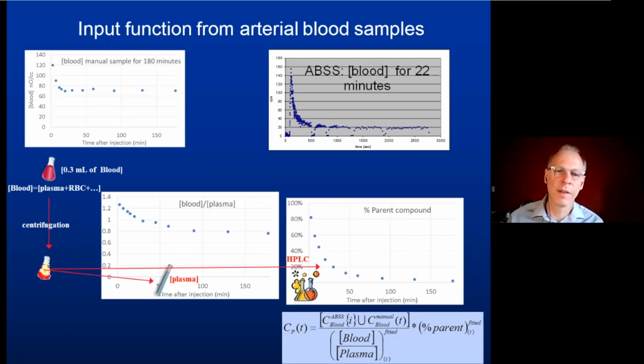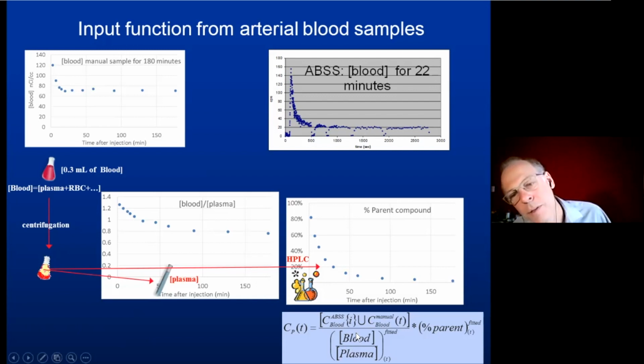Later, if we are able to characterize the concentration of activity in the blood and the concentration of activity in plasma, and we take the ratio of activity in blood to plasma, we can have a time activity curve of the activity in plasma.